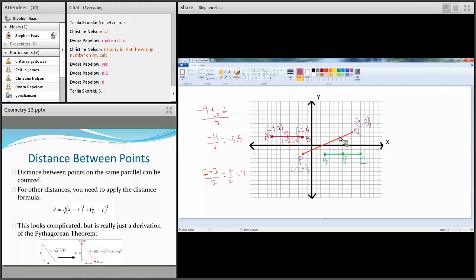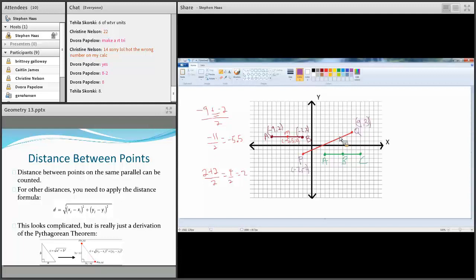So the distance is the square root of 8 minus 2, which is 6 squared, plus 10 minus 2, which is 8 squared. So the distance is the square root of 36 plus 64, which of course is the same thing as the square root of 100, which is 10.